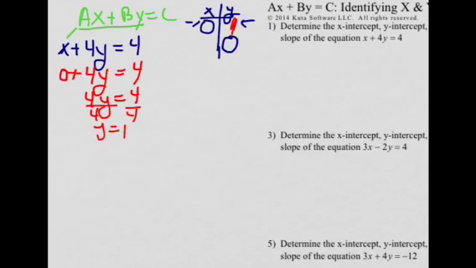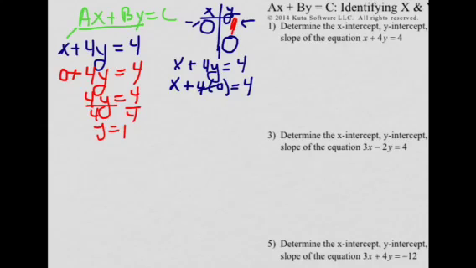Then we look at our graphic organizer and see that y needs to be 0 now. We get to find x. So if we take our original equation, x plus 4y equals 4, we let y equal 0: x plus 4 times 0 equals 4.